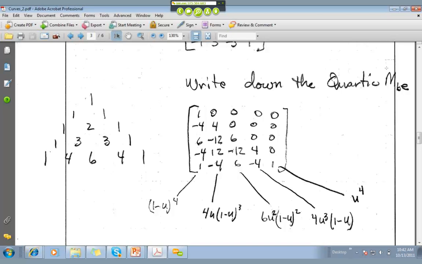So 7 times 1 is 7, 7 times 6 is 42, 7 times 15 is 105, thank you, 105. 7 times that, 140, 105, 42. And what do I have to do? Alternate signs. So minus 42, minus 140, minus 42.